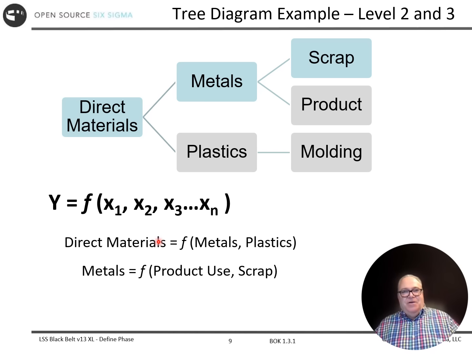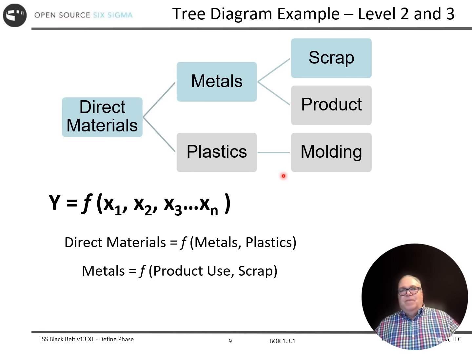So again, down here our y is a function of x. We could have picked between metals and plastics. We picked metals. If I break metals down, we can say the metal that's used in the product, or the scrap, the stuff that's left over after I've done my processing to make the product. So what's left over, what do I throw away?